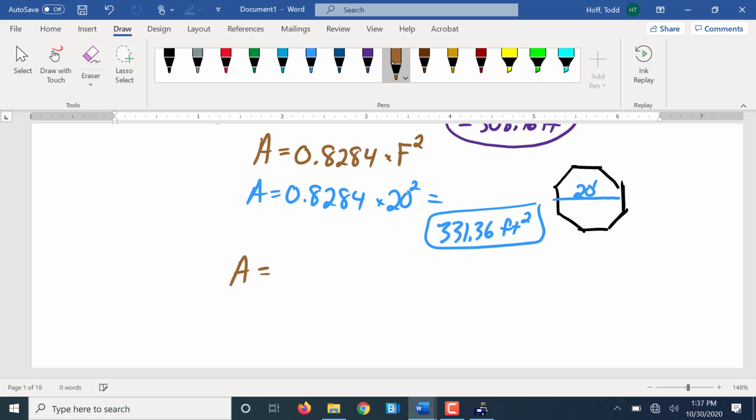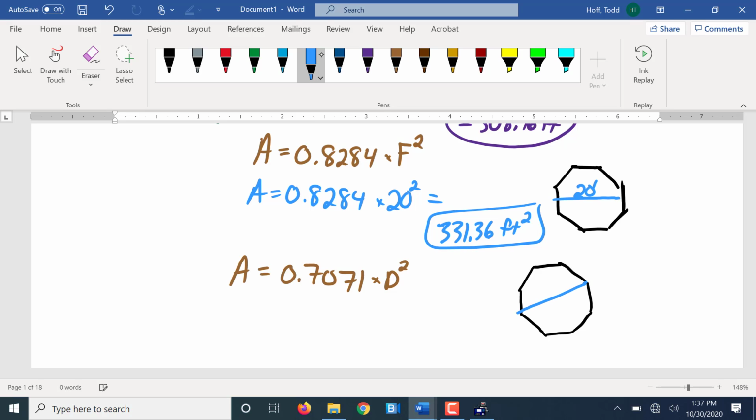And if we know the diagonal distance, the area is just 0.7071 times that diagonal distance squared. So if we have this diagonal here of, well, let's say it's 18 feet.